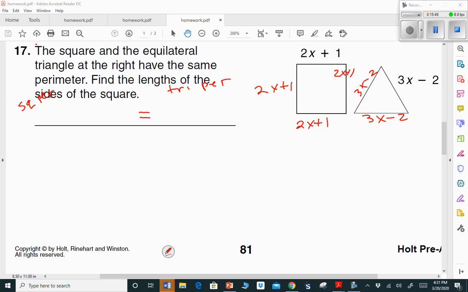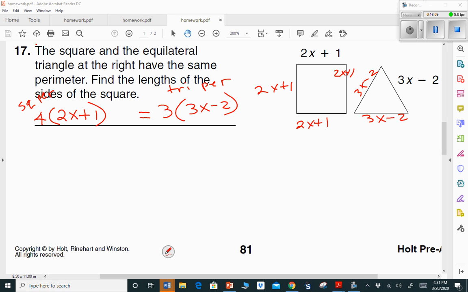Well, you've got two choices here. I would prefer to do 4 times one side length. You see how that creates a problem with the distributive property in there? And then for this one, it would be 3 times 3x minus 2.